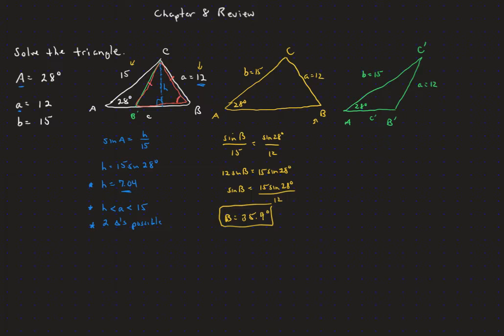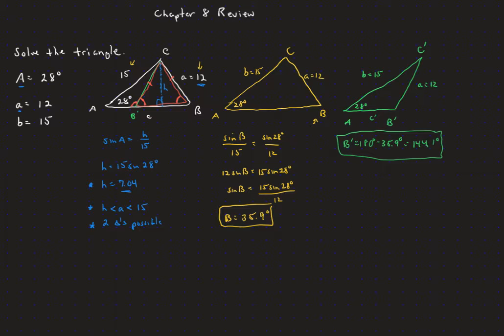So this angle B that we just found and this angle here are congruent, which makes our B prime the supplement of that angle we just found. So that means our B prime is going to be 180 minus the 35.9, which is 144.1 degrees.